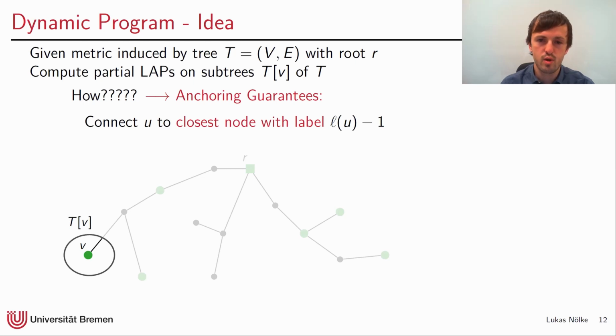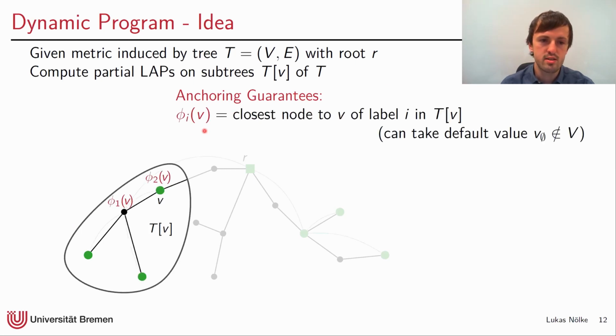So we have, on the one hand, inner anchoring guarantees, phi I of V, which give the closest node to V of label I in the subtree rooted at V. So here, for instance, we see that phi 2 of V is V itself, and phi 1 of V is this node here, which V is anchored to in the Steiner tree.